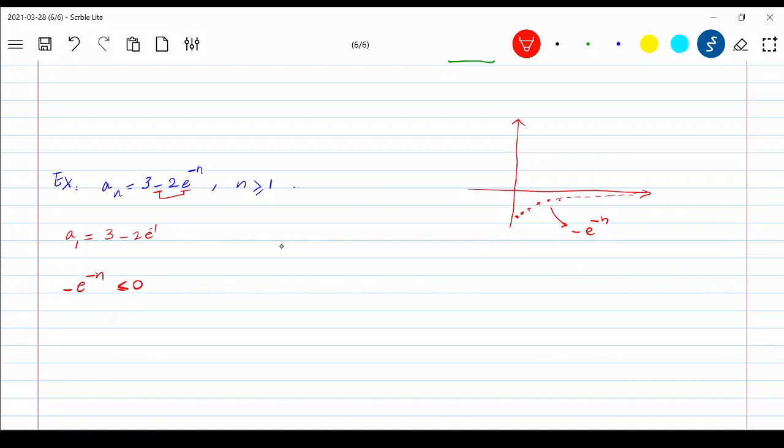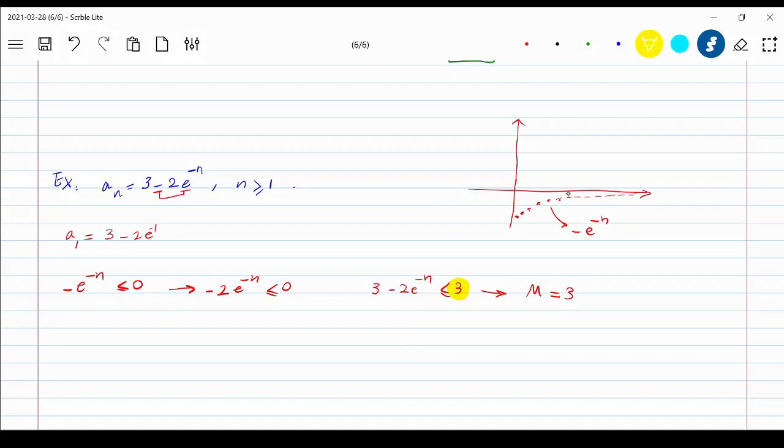That's what I'm claiming by graphically showing you. And then 2 times that, which is negative 2e to the power negative n, is still less than 0. If you add 3 to it, 3 minus 2e to the power negative n would be less than 3. That's what I'm claiming. So I say that there is an upper bound, and that upper bound is 3.